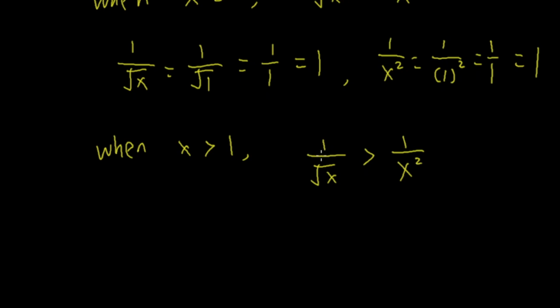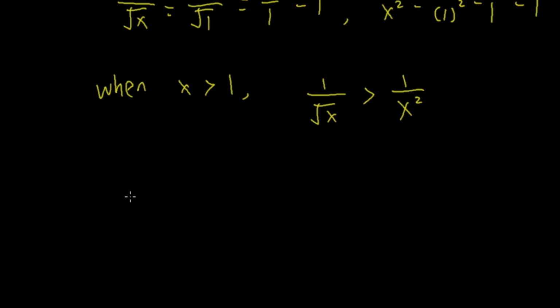When you divide something by a smaller number, the value is bigger. When you divide by a larger number, the value will be smaller, because both numerators are 1, right? So if the denominator is smaller, the value is larger. If the denominator is larger, the value is smaller. So 1 over square root of x must be greater than 1 over x squared when x is greater than 1.